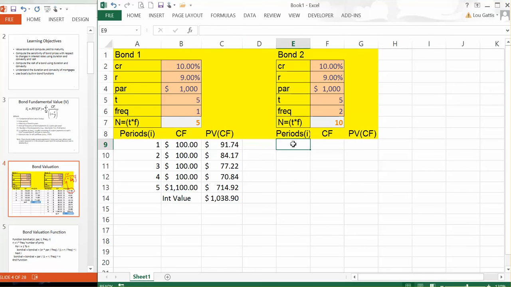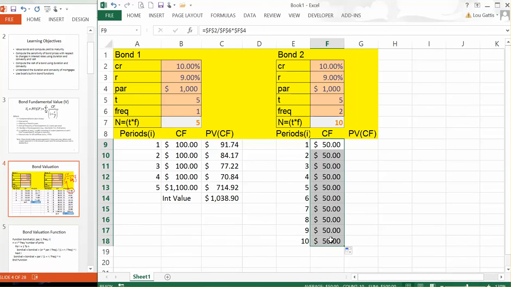If this were a semi-annual payment bond, there would be 10 payments. And each payment would be the annual coupon rate divided by the frequency, say twice per year, so you get half the coupon twice a year, times the par. So you'll just get $50 every 6 months, so these are now 6-month periods. And at the end, you also get the par.